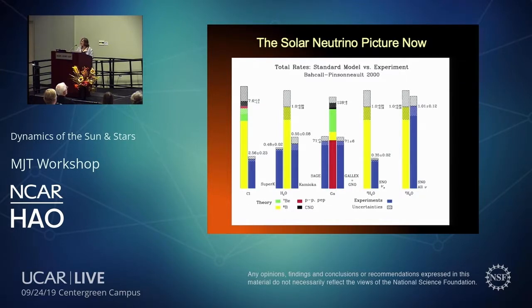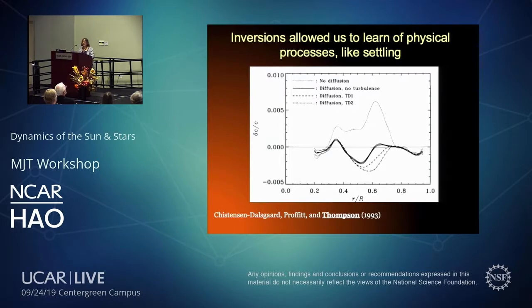Okay. So the fact that the models are really good helps us test different physical processes in the sun. And I'm going to show you a figure that Bill has shown before, which is that we need diffusion to actually get the structure of the sun better than what you would otherwise. And the fact that we need diffusion solved a number of problems.